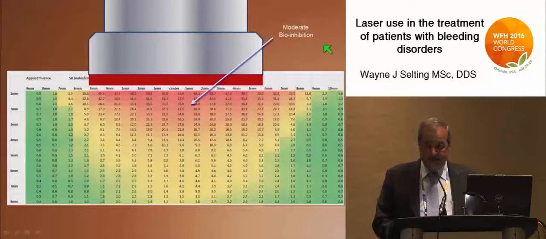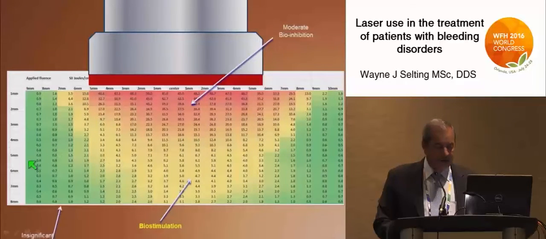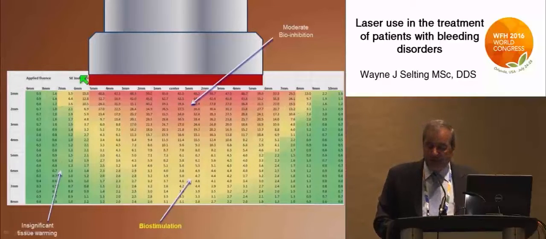You get inhibition here on the surface, but this entire yellow area around here is the sweet spot. That's all between 3 and 10 joules per centimeter squared, and that tissue is going to be optimally stimulated. All the rest of this out here is not, there's not enough energy to affect it. So you're affecting an area that might be 15 millimeters wide and 7 or 8 millimeters deep with the diode laser using the appropriate parameters.